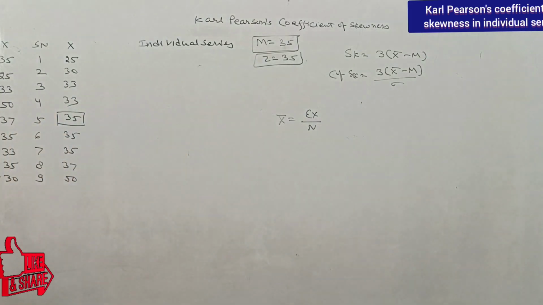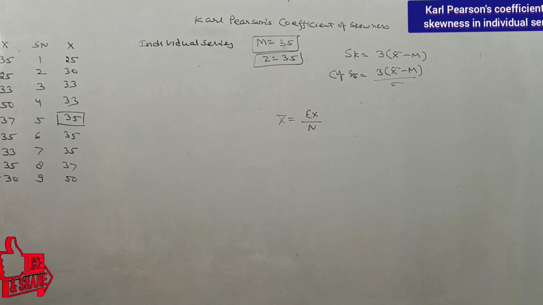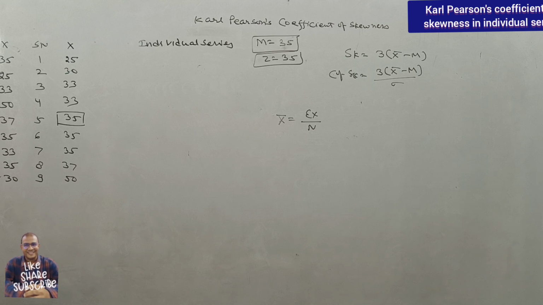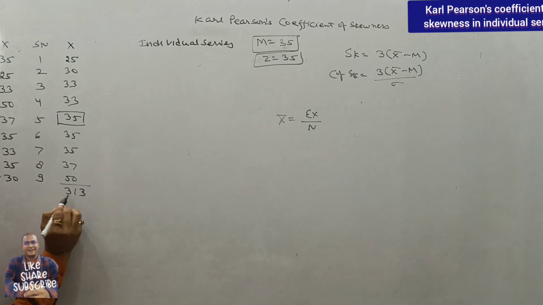For getting sigma x, we add all these: 25 plus 30 plus 33 plus 33 plus 35 plus 35 plus 35 plus 37 plus 50. So the addition of all items is 313.